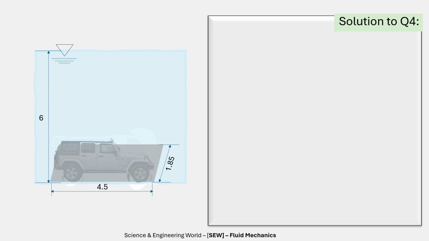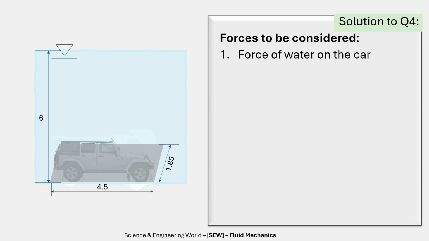There are two forces to be considered on the car. The first one is the weight of water that is sitting on the car, which is the force due to the water on the car. And the second one is the weight of the car itself, due to the mass, so force due to the mass of the car. Both of them are acting vertically downward.